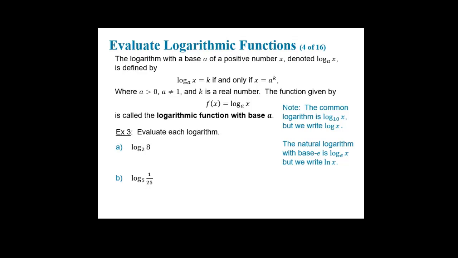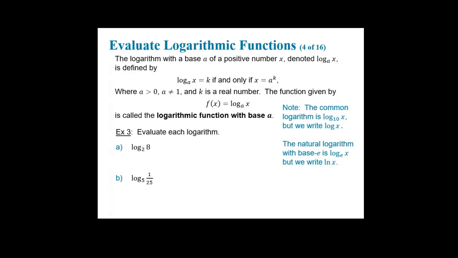But this comes up so much, it has its special notation. So we write it ln of x. This is the natural log of x. So these are just a couple of notation notes. If you don't have a base there at all, then it's a 10. If you see ln, then it's going to be log base e. So let's evaluate some logarithms with a different base.